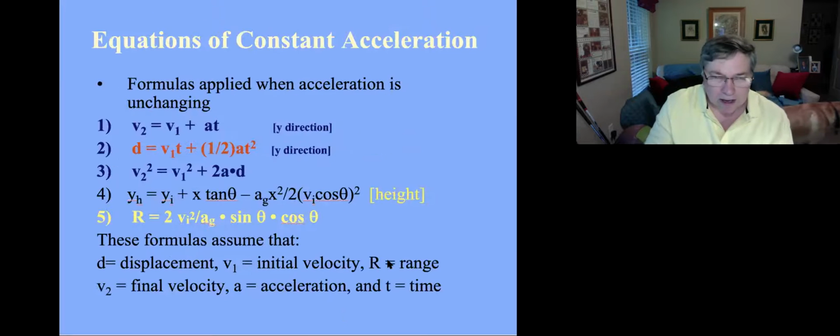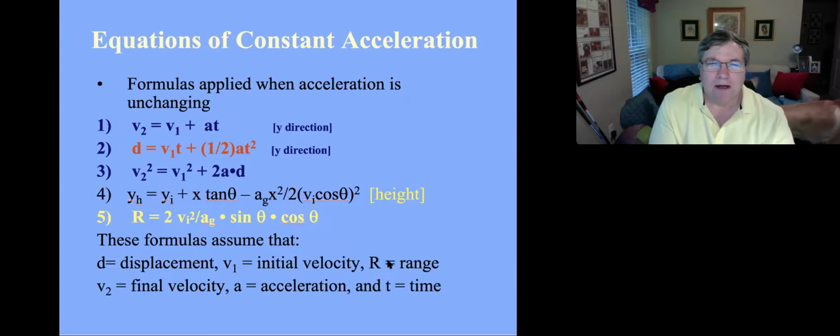Okay, so because gravity acts at a constant rate, we can use something called the equations of constant acceleration. So for velocity in the vertical direction, or distance in the vertical direction, we have equations to solve for that. We can solve for the height of a projectile, like a football that's been punted.